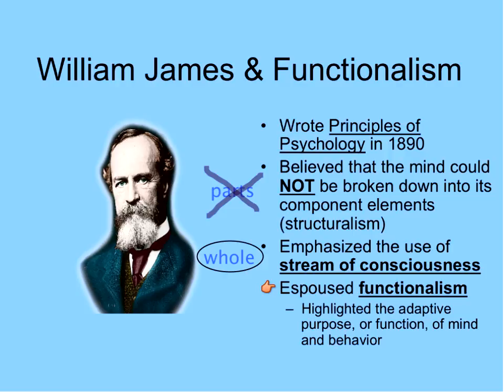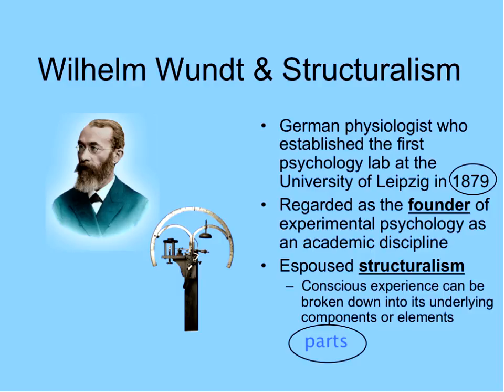So instead of focusing on structures and breaking things down, the functionalist approach says we should focus on the adaptive purpose or function of mind and behavior. If we go back to the previous slide, and we wanted to look as a structuralist at something like emotion, these guys would say, let's find the underlying part that gives rise to emotion.